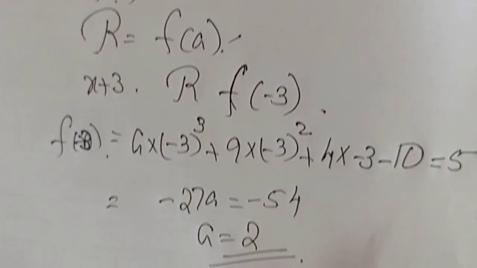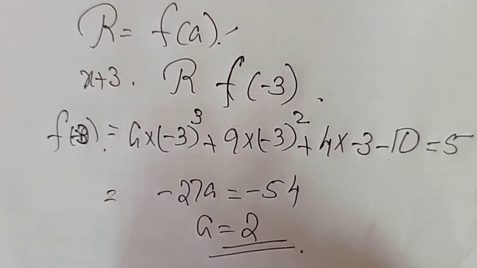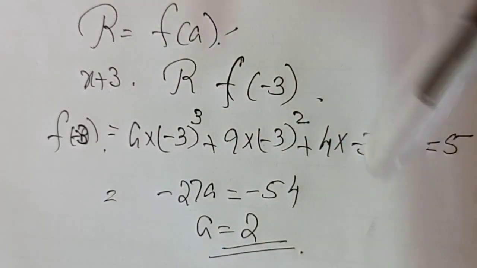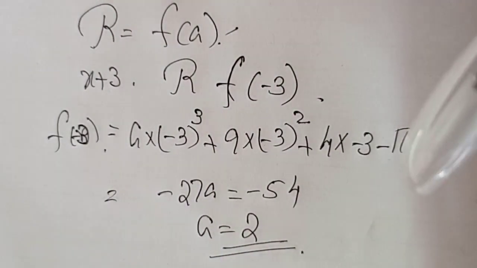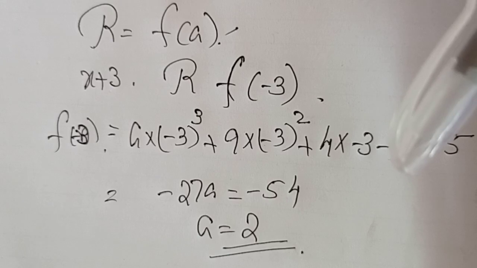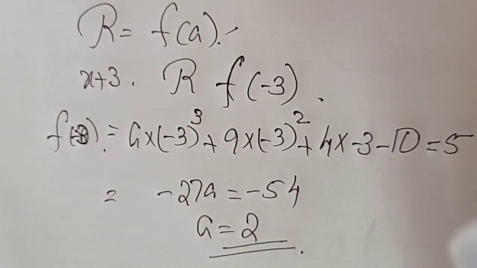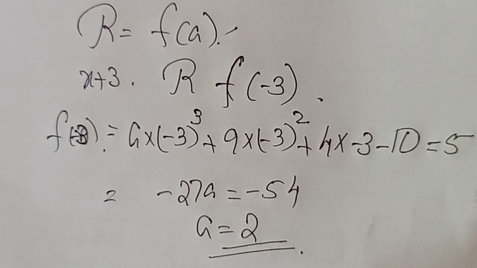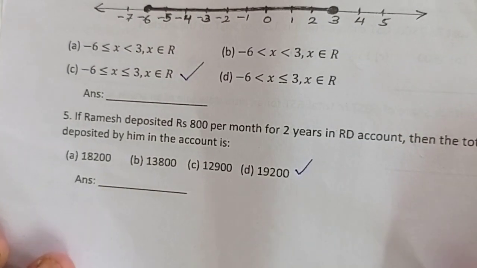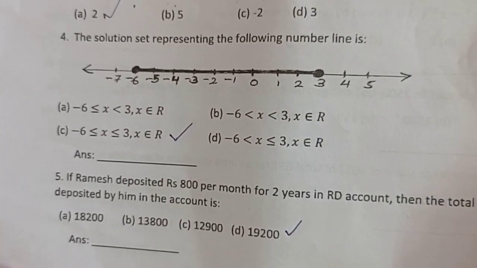Once again, remainder theorem says when we divide f(x) by x minus a, the remainder is f of a. But factor theorem says when you divide by x minus a, if the remainder is 0, then x minus a is a factor.